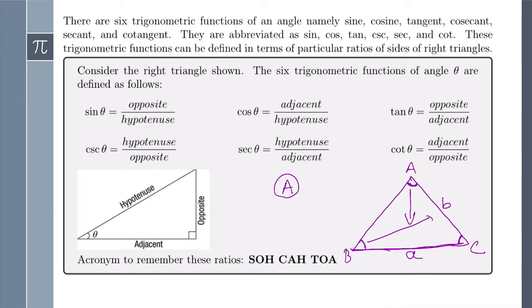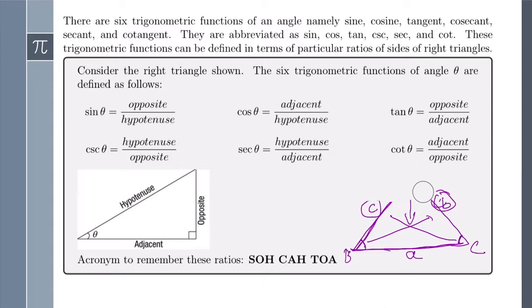And the side opposite from angle C, which is side AB, is lowercase c. So we use lowercase letters to denote the sides and uppercase letters to denote the angles. It's very important that the side opposite from angle B has length b. Just remember that one.